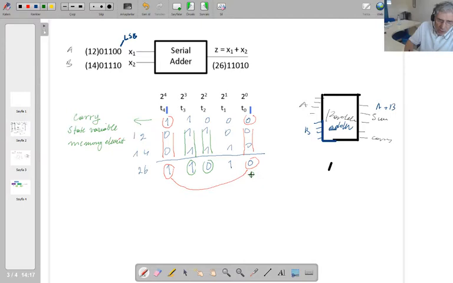You've got to keep that carry in your memory for the next bits to come. So you are keeping that information in your memory for the next bits to come. So it is going to be repeated like that.